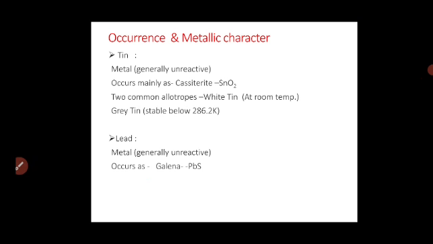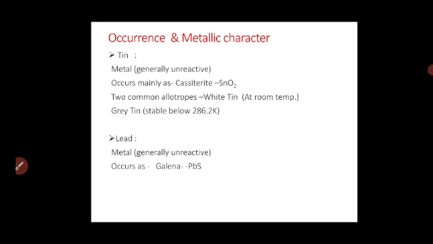The formula of cassiterite is SnO2. Tin also occurs in two common allotropes, that is two different physical forms. One is white tin and another is grey tin. White tin is present at room temperature, whereas grey tin is stable below 286.2 Kelvin.